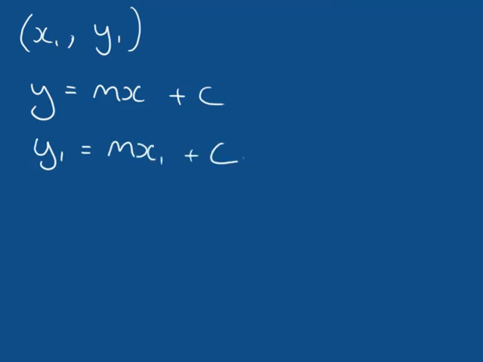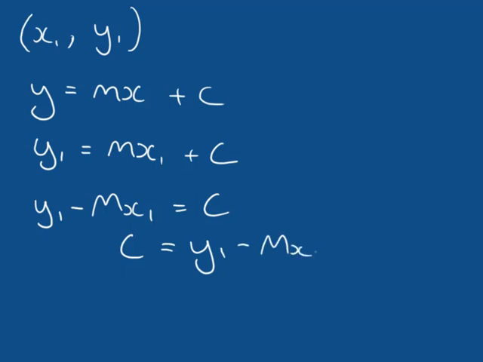And we can now rearrange this. So if we were to say y1 minus mx1 is equal to c, therefore c is equal to y1 minus mx1.